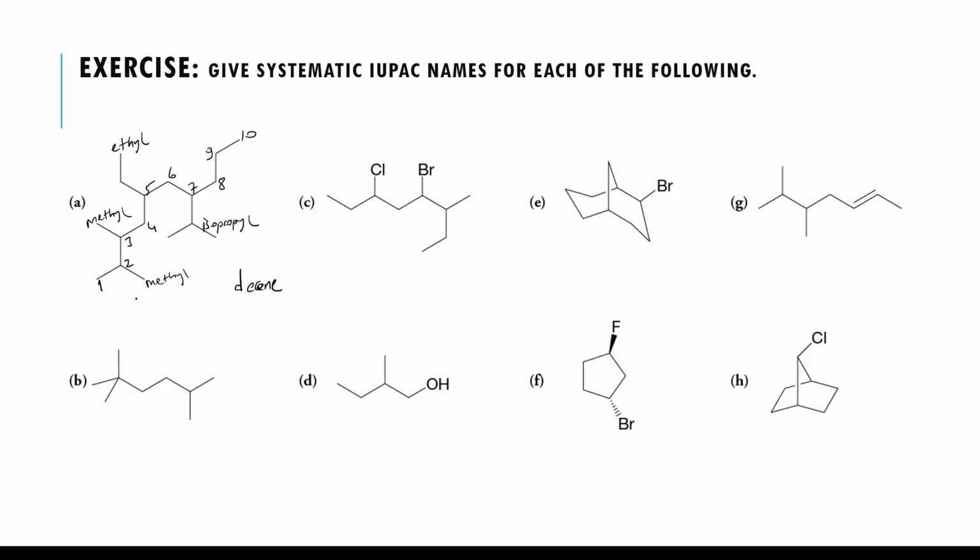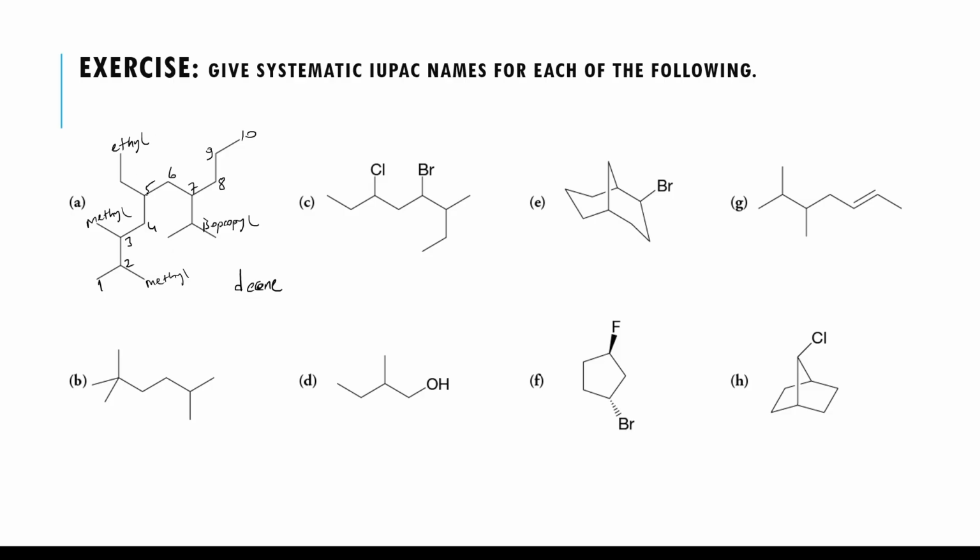The second step, alphabetically, we have to write the substituents with their proper positions. Okay, so we have methyls, ethyl, and isopropyl. Alphabetically, E is the first one, then isopropyl, I is the second, then the methyl.